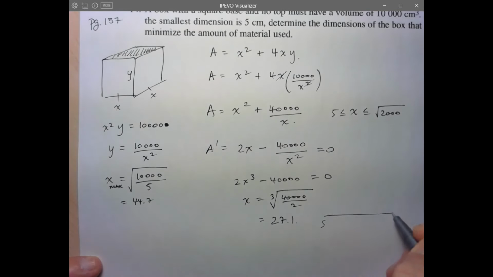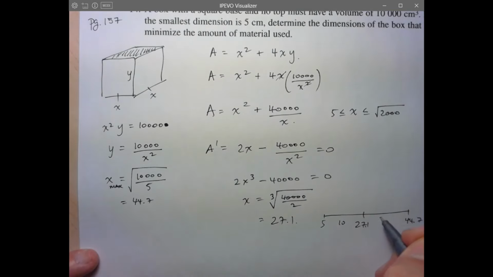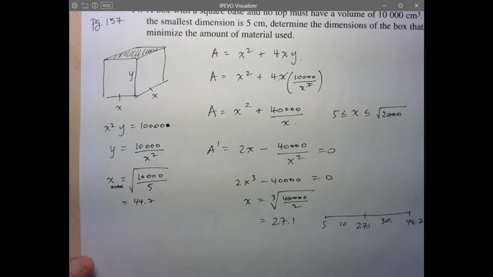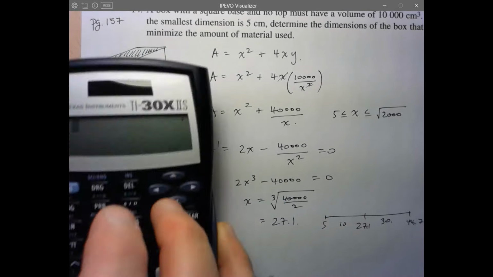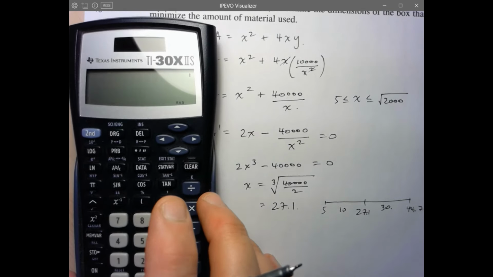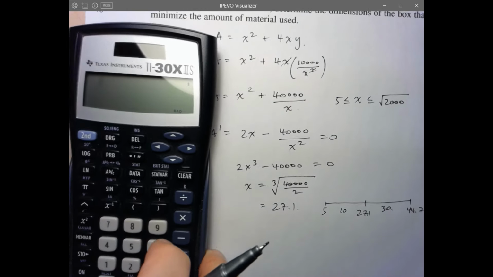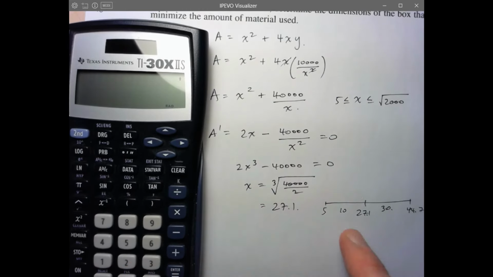So from 5 to about 44.7, and we're testing at 27.1. Let's take something easy like 10, and here let's take 30. All right, so let's test the intervals. Where's my derivative? My derivative is here.